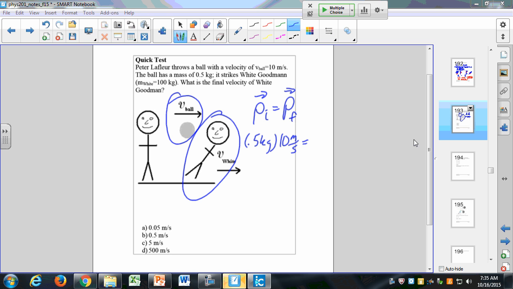That's going to equal the final momentum, which is White Goodman, 100 kilograms times its final velocity. 5 divided by 100 is VF. That's 0.05. A is the right answer.